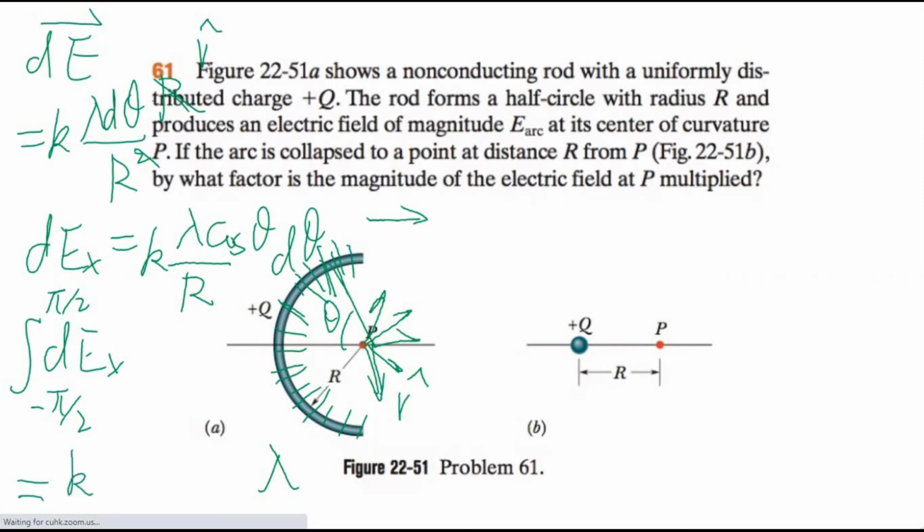Okay, K lambda r sine theta from pi over 2 to minus pi over 2.